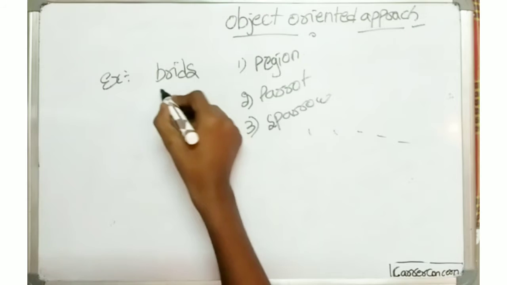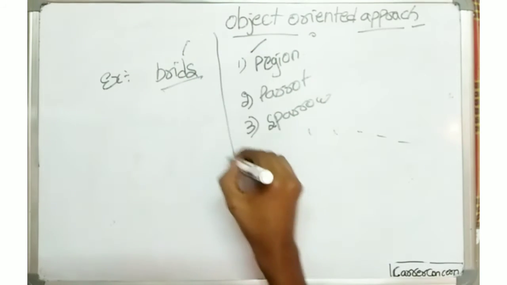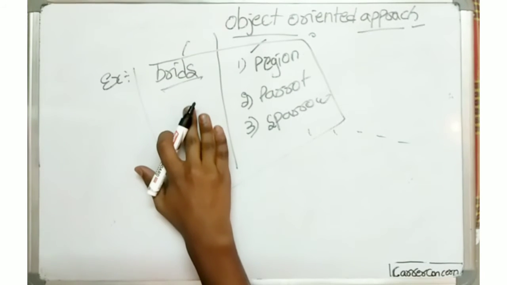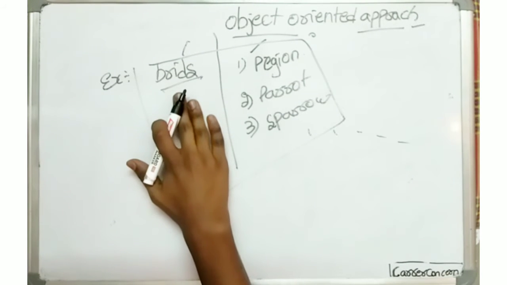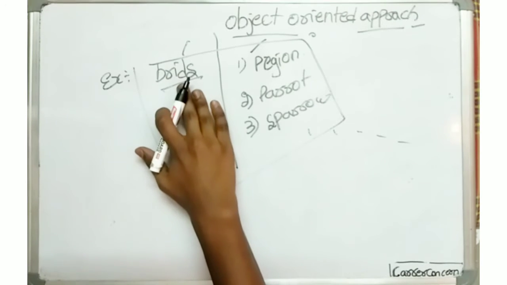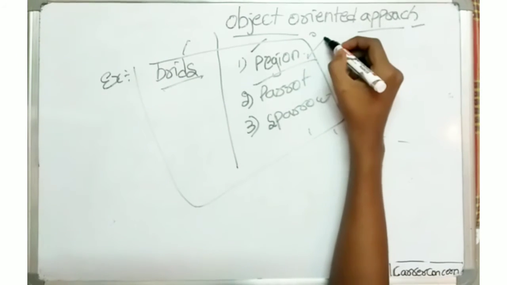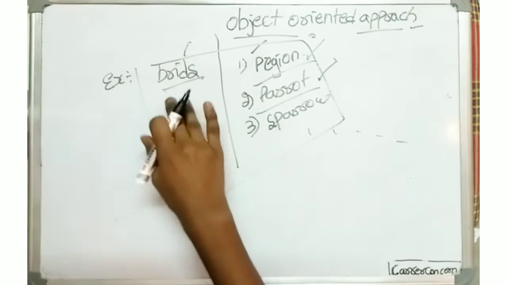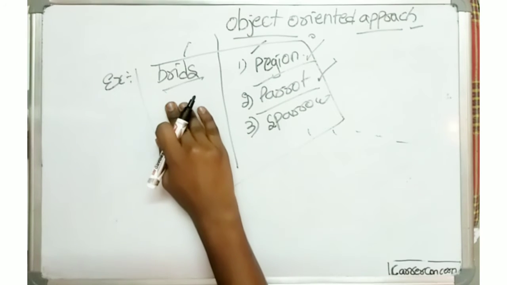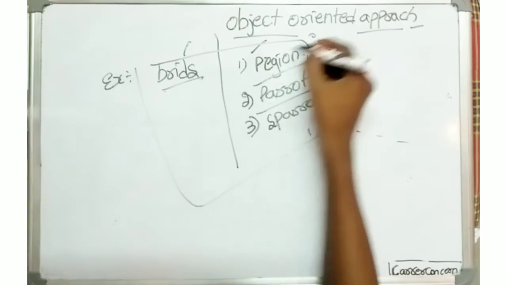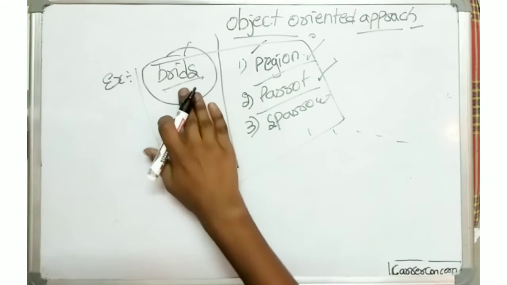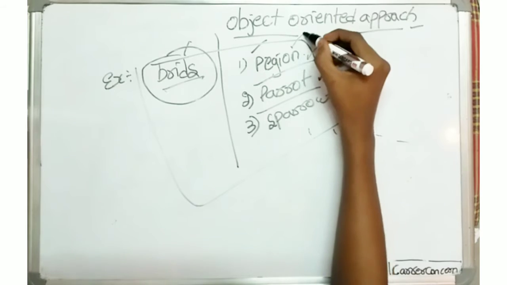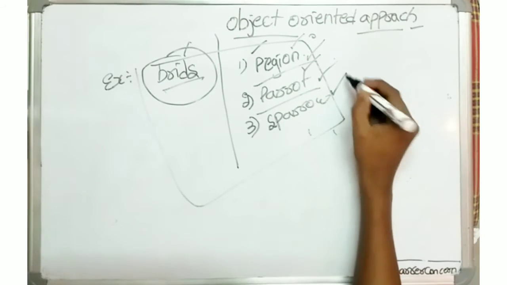Is there any shape for a bird? If we see a pigeon, we can say it is a pigeon. If we see a parrot, we say a parrot. But bird is a non-existing term, while pigeons, parrots and sparrows are existing.